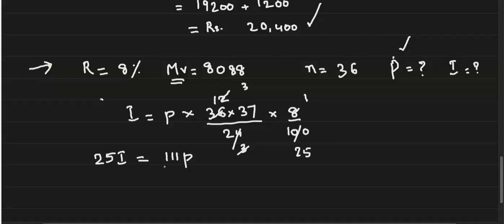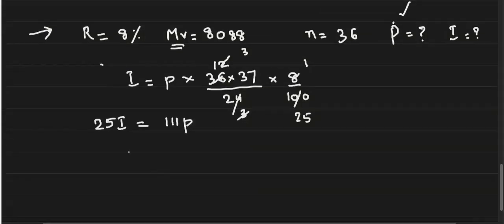Now what we can do, we can write total deposits as how much? Total deposits, I told you this is P into N, right? So we don't know P. P into N is how much? 36. Got it? So P into 36. So interest is how much?